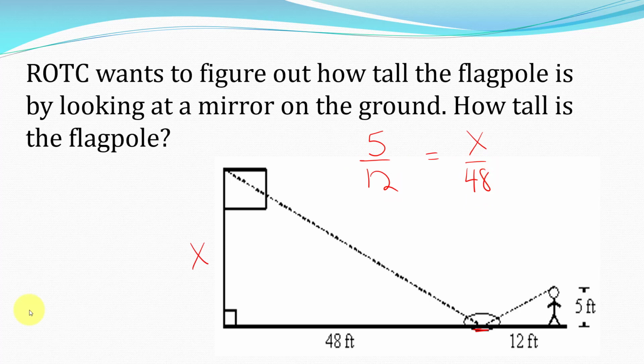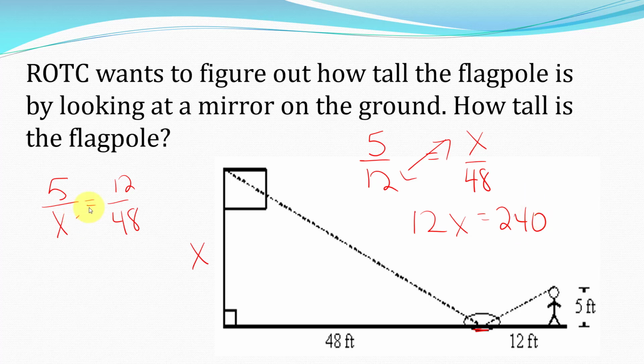It would also be correct if you matched up in this way. If you said 5 to X equals 12 to 48, that would be the same, because watch, when you cross multiply, you're going to get 12x equals 5 times 48, whatever that is, 240.